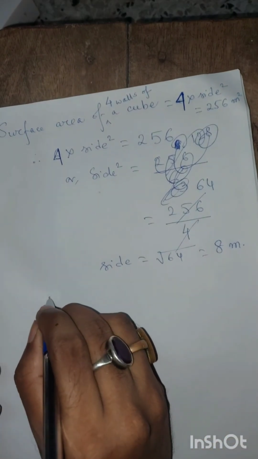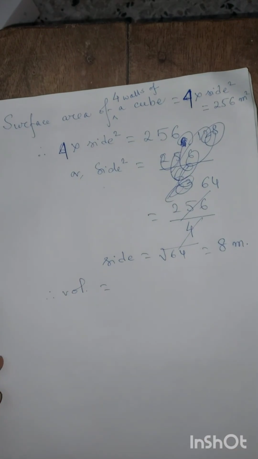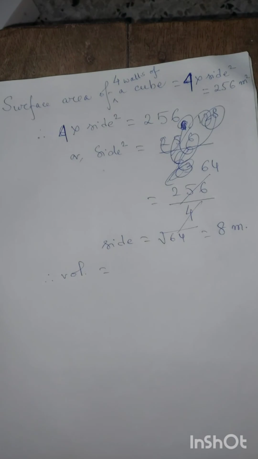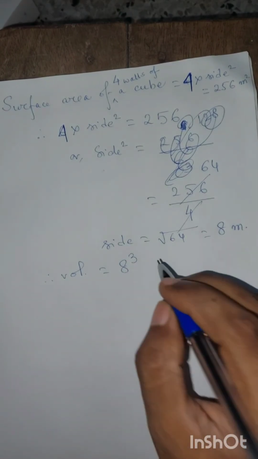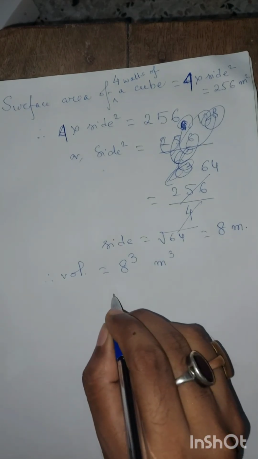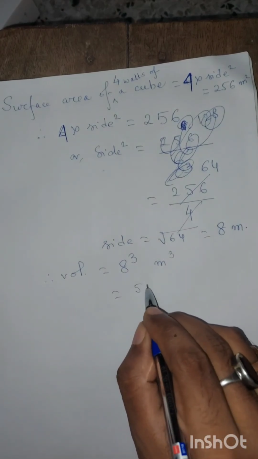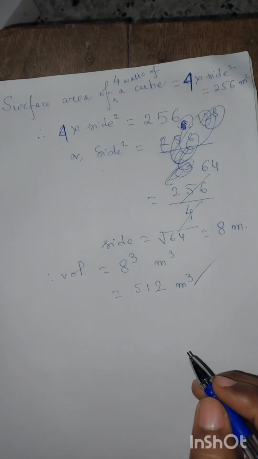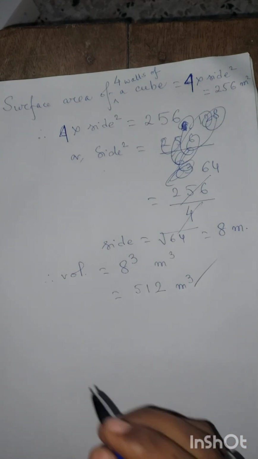Therefore, volume is equal to 8 cube meter cube. So this should be our answer. That means option D should be correct.